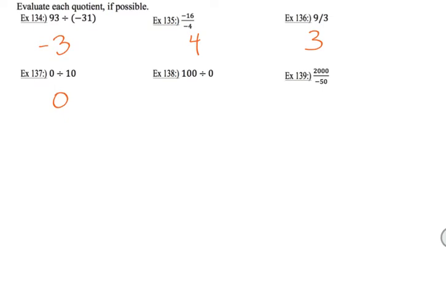Example 138. 100 divided by 0. 0 we cannot divide by, so this is undefined. You cannot divide by 0. Okay, example 139. 2,000 divided by negative 50. To help out with dividing here, you can reduce this as you would a fraction, and then you get 200 divided by negative 5.